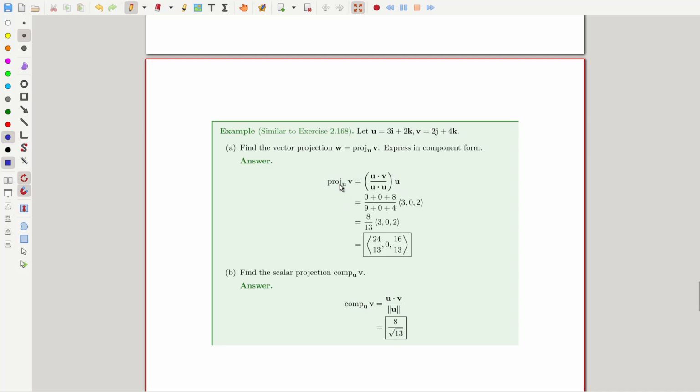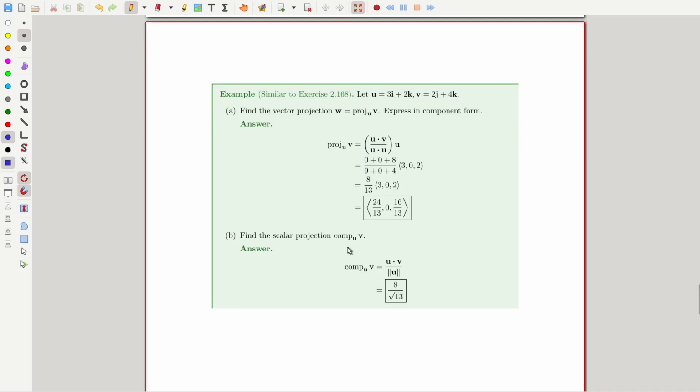So do pay attention to that. Projection of v onto u is u dot v over u dot u multiplied by u. I'm using that formula, and you can then go ahead and compute the dot products of the two vectors. The problem asks us to do it in component form, so I'm preparing that here. And then cleaning up the computation, we wind up with the final answer.